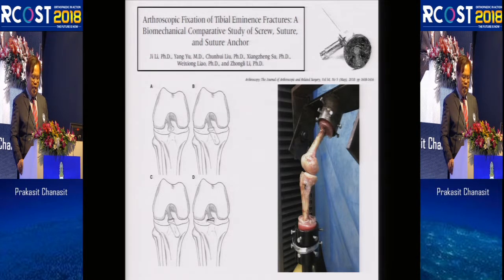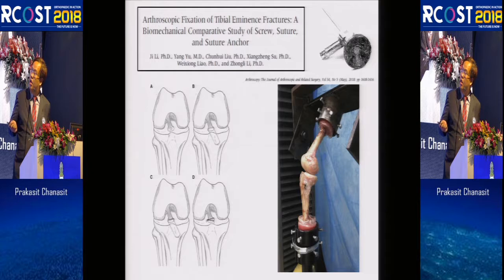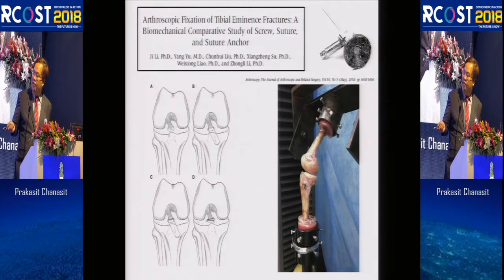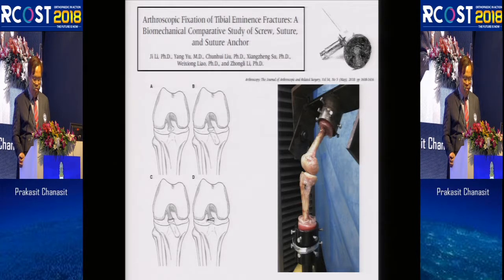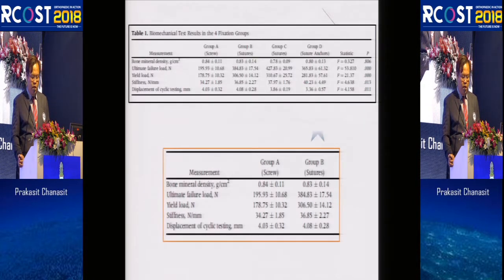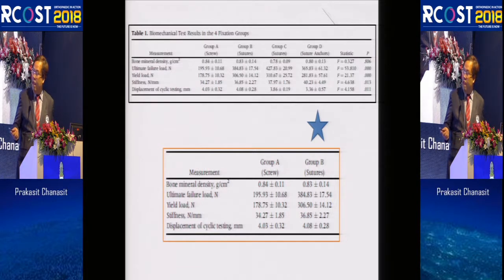In the picture, they use special techniques for the suture pull-out, and also use the suture anchor to fix the ACL part. But it's not so common, so let's focus on group A and group B, which are the screw and the conventional suture techniques.